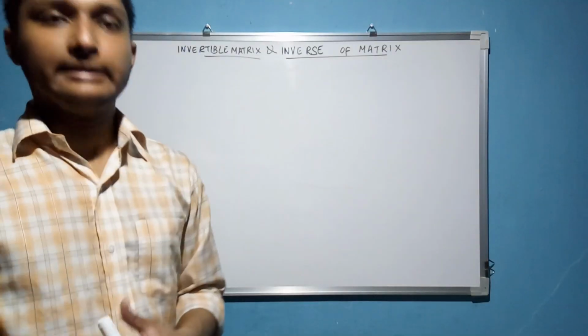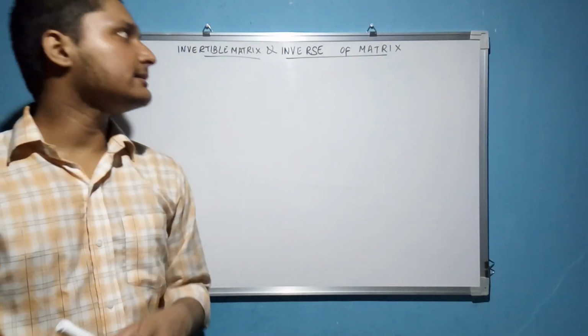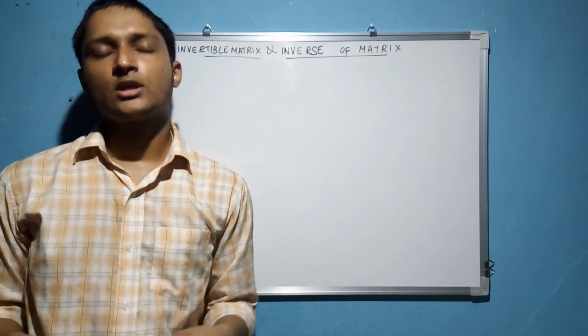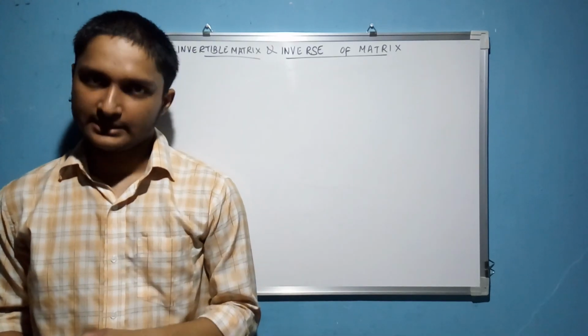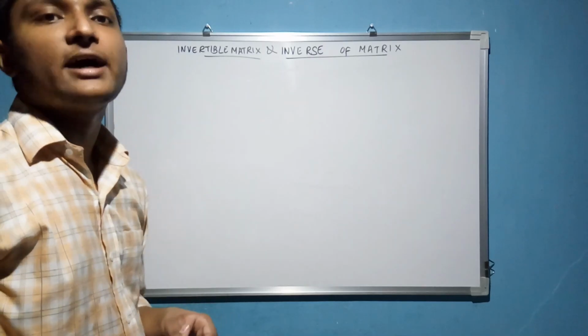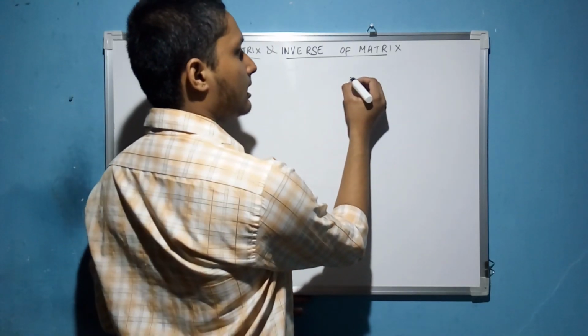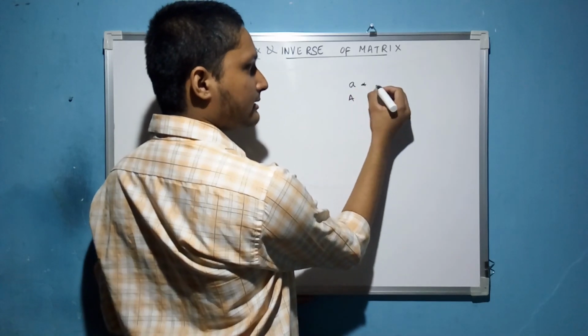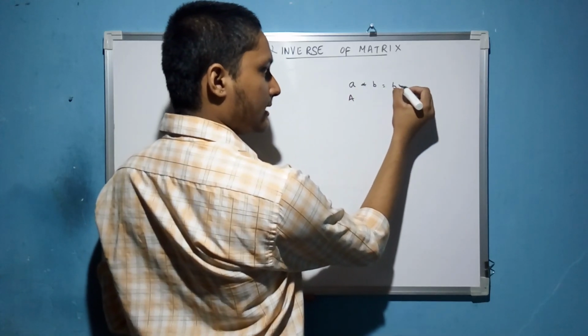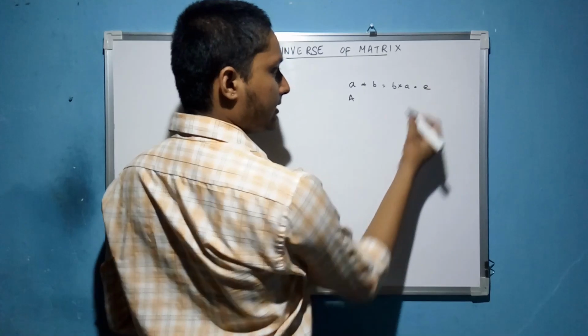So what you're going to learn now is about invertible matrix and the inverse of a matrix. It is based on the binary operation, that is matrix multiplication. If you need to find the inverse of any matrix, I'll consider A as a matrix. We knew that A star B should be B star A, and that should be equal to the identity element.